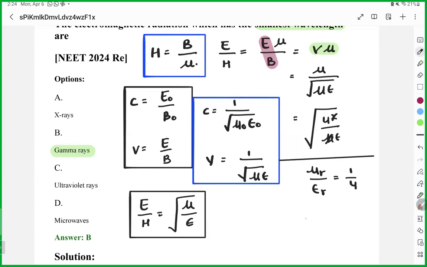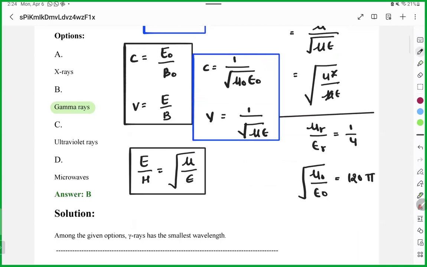And in the question, one more thing is given: nu naught by epsilon naught, this under root value is equal to 120 pi. Any doubt? No, sir. We also know relative permeability is equal to nu by nu naught. Same way, relative permittivity is equal to epsilon by epsilon naught. Make sense? Yes, sir.